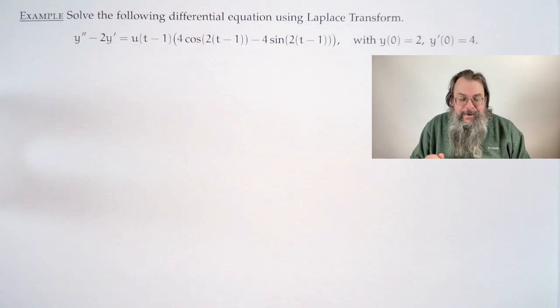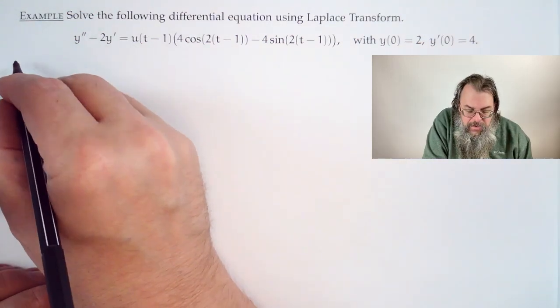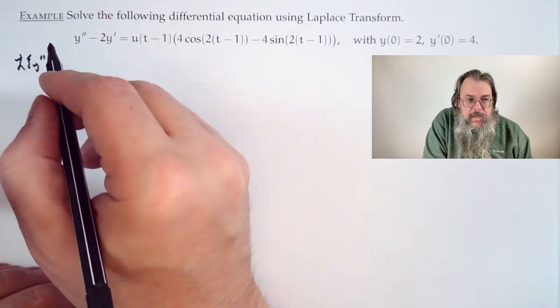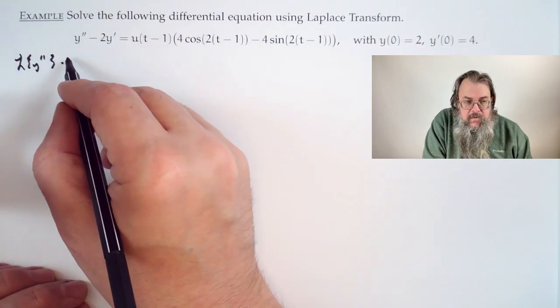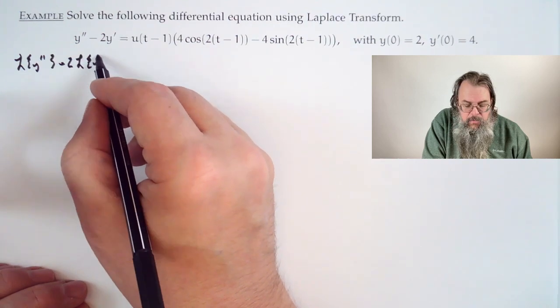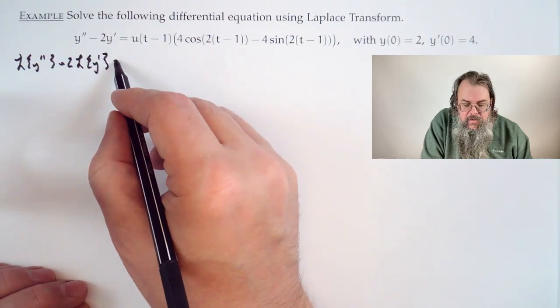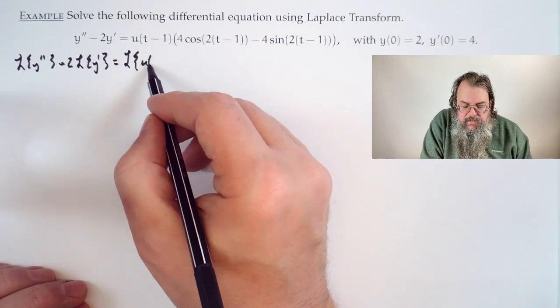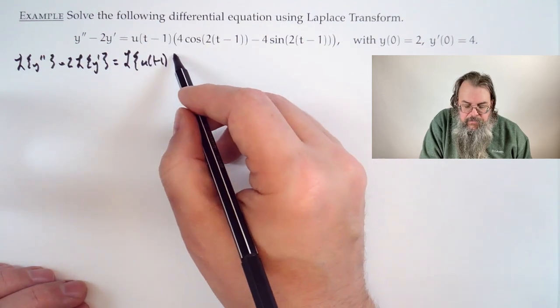But we have hope now. So we can say Laplace transform of y double prime minus 2 Laplace transform of y prime is equal to the Laplace transform of this whole expression.